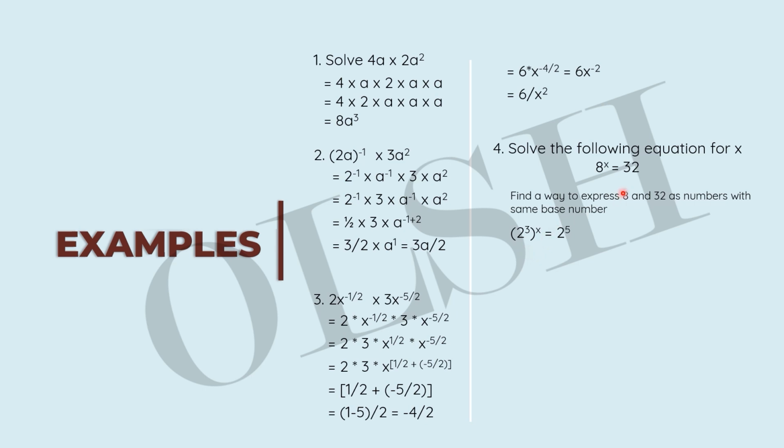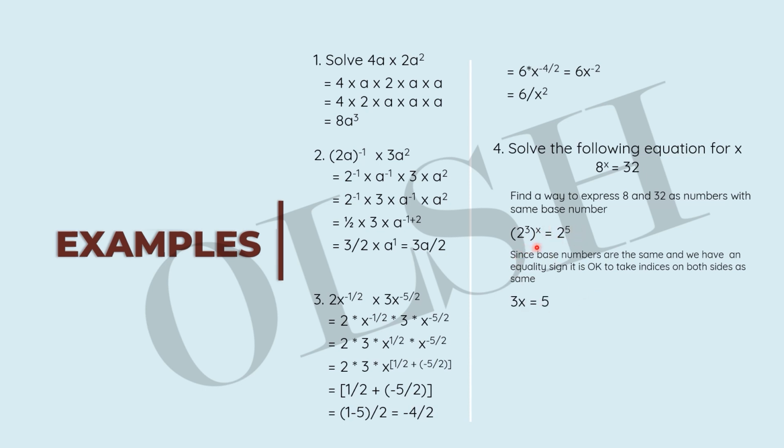So we can change this expression to 2 raised to the power 3, in brackets, raised to the power x, equal to 2 raised to the power 5. Since we have an equality sign here also, it's fine for us to take both indices, the ones on both the left and the right, to be equal.